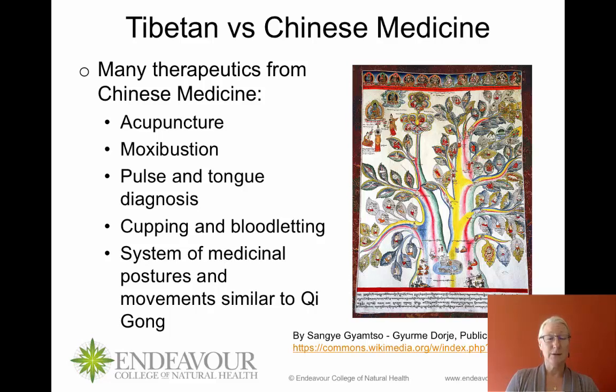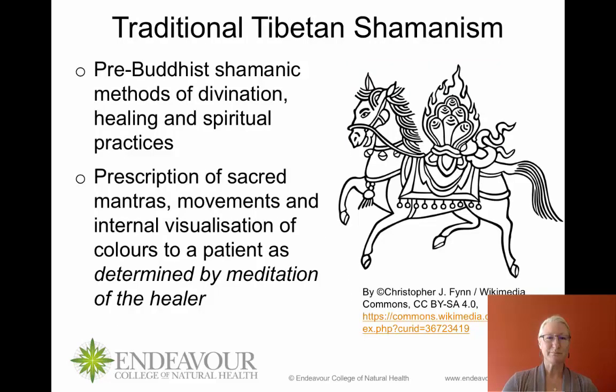They utilize cupping and bloodletting, and that in part relates to Chinese medicine as well as relating to Greco-Arabic medicine. And they have a system of medicinal postures and movements that is quite similar to Qigong. And we'll talk about Qigong in our Chinese medicine lecture as well.